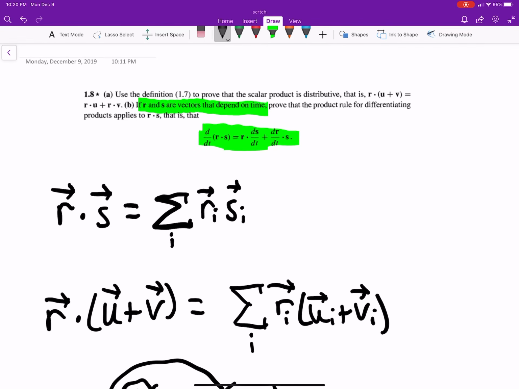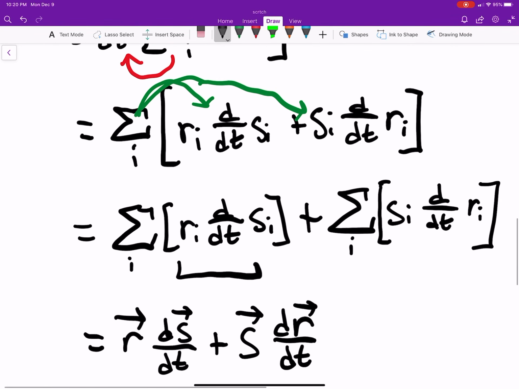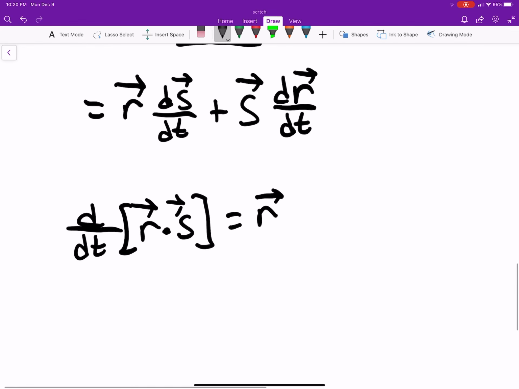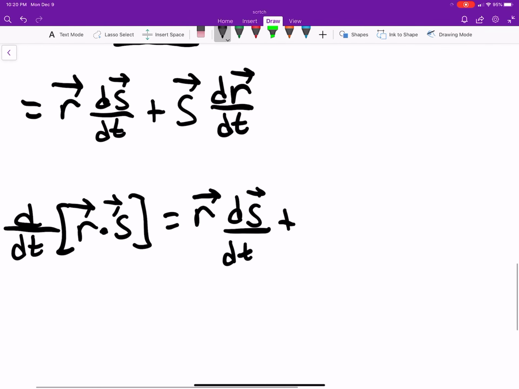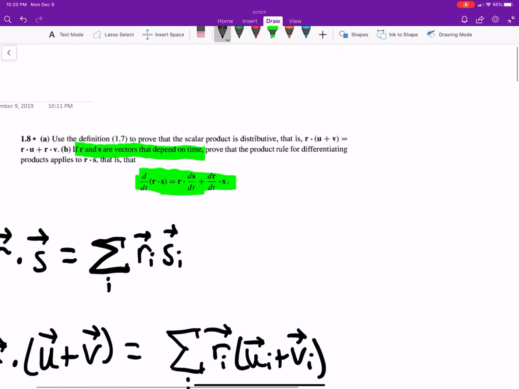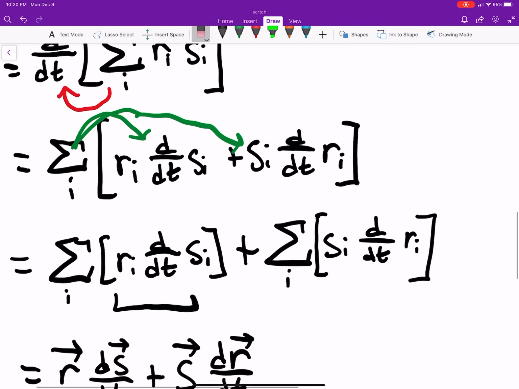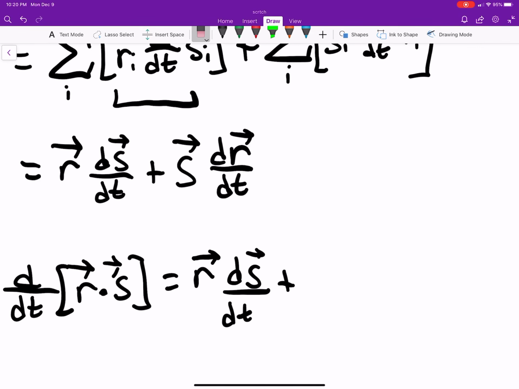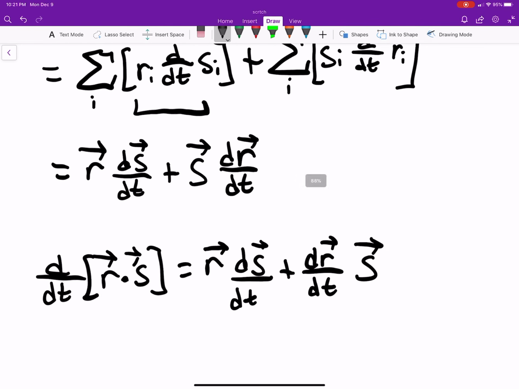I think I just have this backwards. So yeah. So we have r ds dt plus, and then I think they did dr first. Okay, that's fine. It doesn't matter. It's commutative. dr dt times s. So there we go.